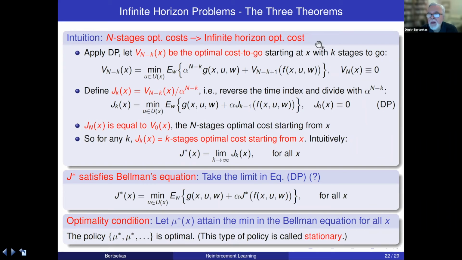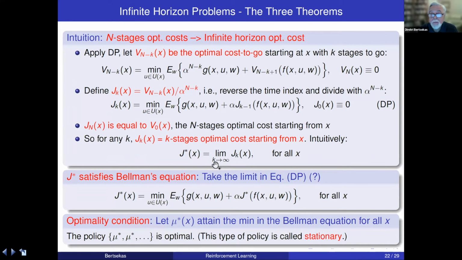Now, these are the three basic theorems that you expect to hold in any kind of infinite horizon dynamic programming problem. You get the optimal cost function in the limit by taking the limit of the finite horizon optimal costs, and you generate these finite horizon costs through this algorithm here, which is called value iteration, and we're going to see it in the next slide also.